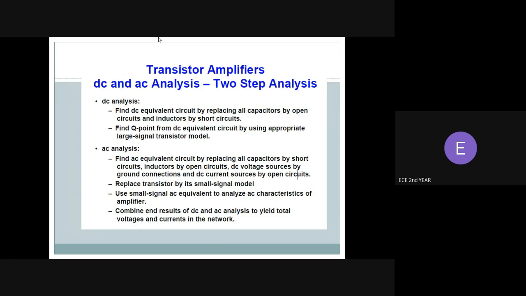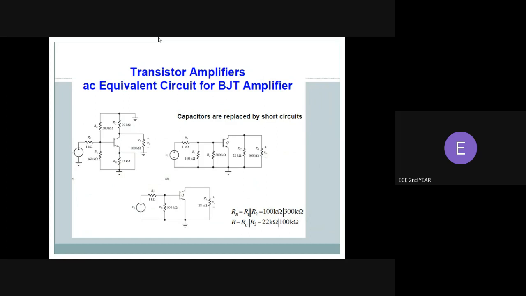Replace the transistor by the small signal model, using the small signal AC equivalent circuit to analyze the amplifier. Combine the results of the DC and AC analysis to get the voltage gain. So you can see the diagrams of the AC equivalent circuit. Let me copy the diagram, so we can understand it very clearly.